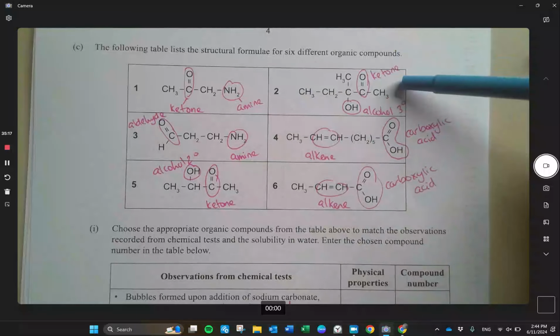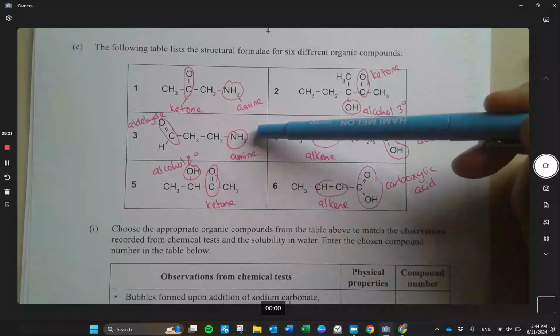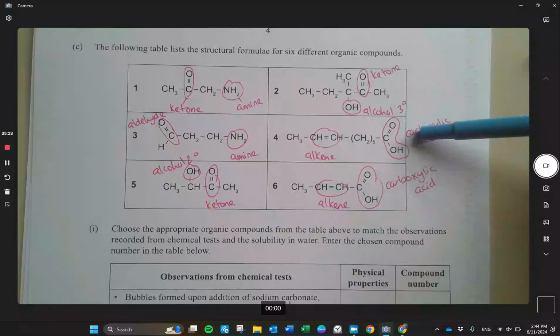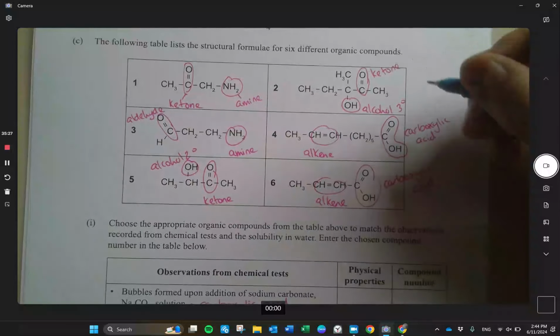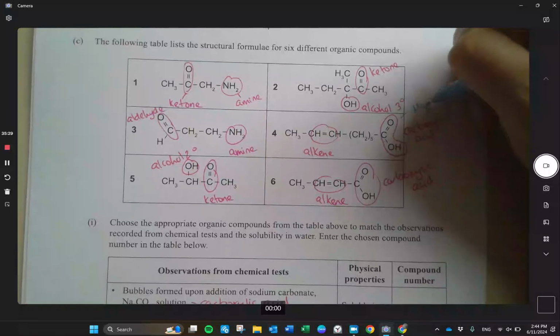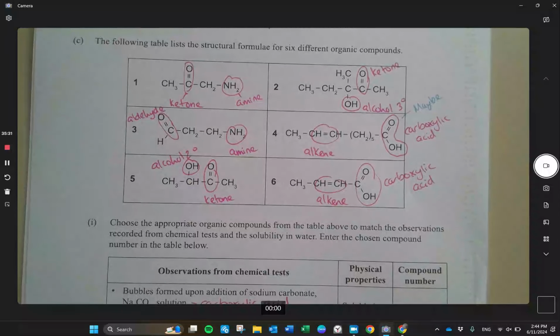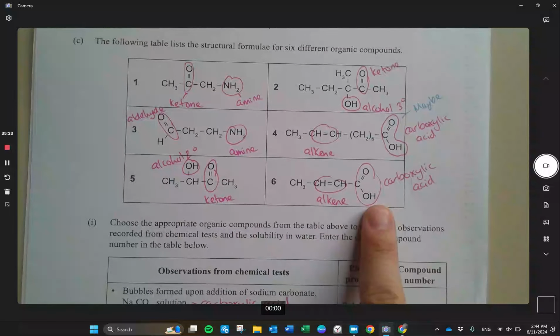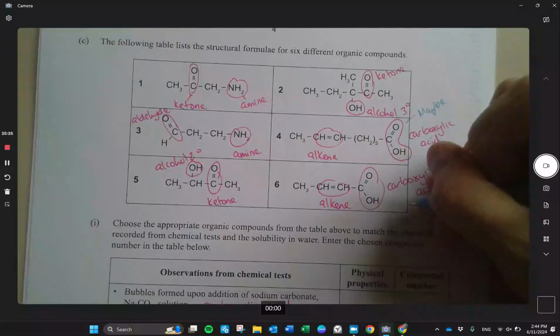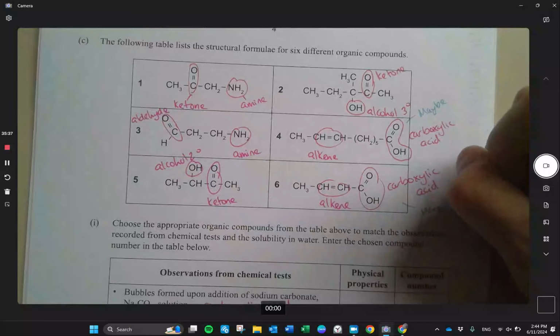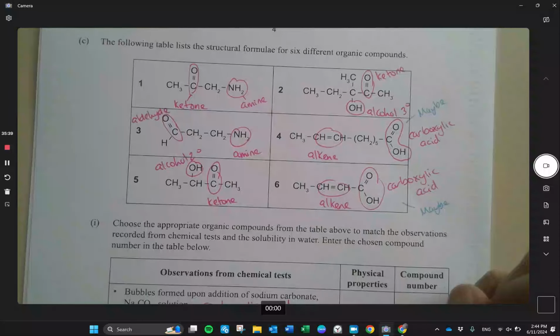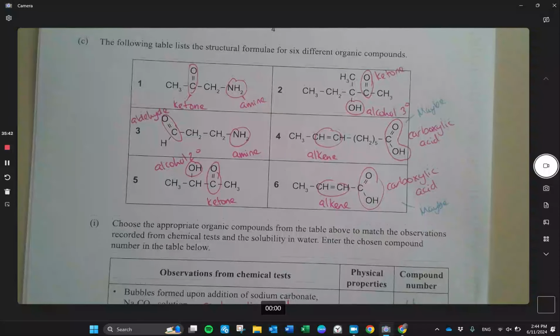Number 2, again, no carboxylic acid, that rules it out. 3, no carboxylic acid. 4, has a carboxylic acid. So maybe it's number 4. So this is one of our maybes. Number 5, no carboxylic acid. Number 6, carboxylic acid. So these 2 are my maybes right now. All right? And if I want, I can write 4 and 6 right now and then process of elimination and figure out which one it is.